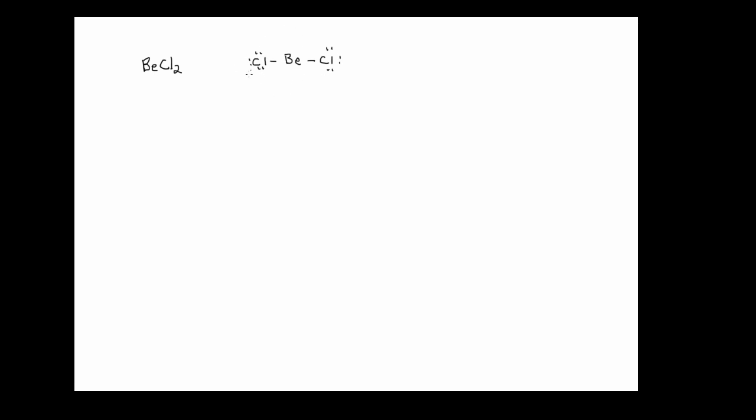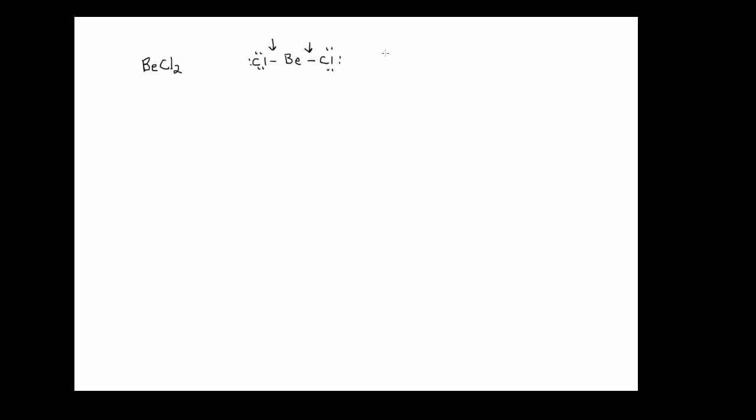All right, so we end up with a molecule like this, and this happens to be one of the atoms in period 2 that violates the octet rule, and we see that it only has 4 electrons around it. Now, to find the hybridization of this molecule, literally what we're going to do is count the bonding units for the central atom and subtract 1. So we see that there's literally 1, 2 bonding units.